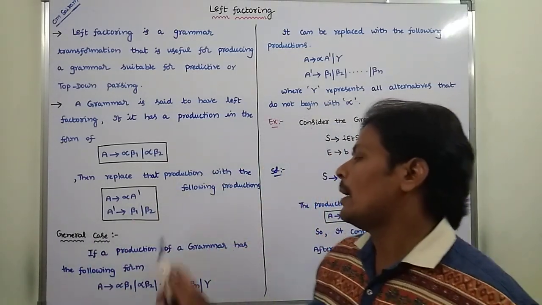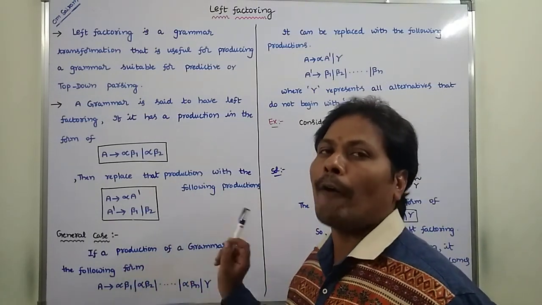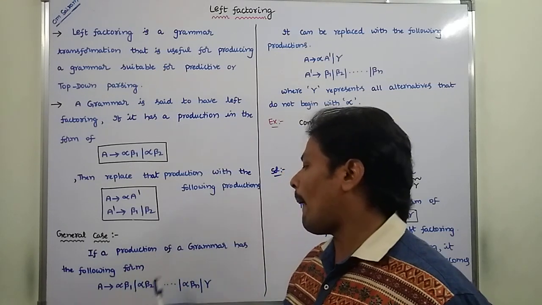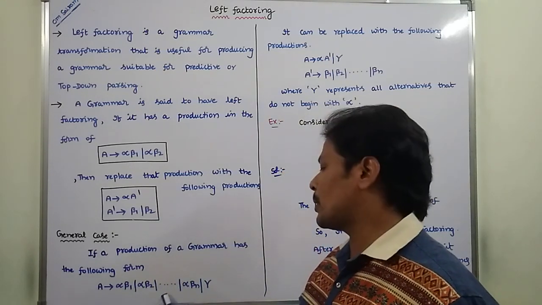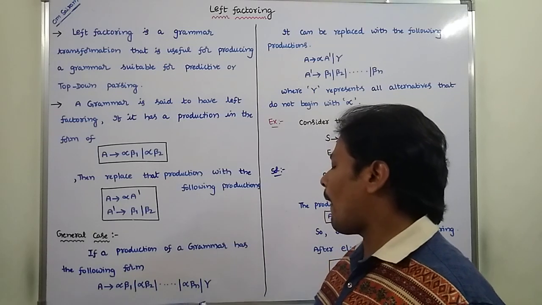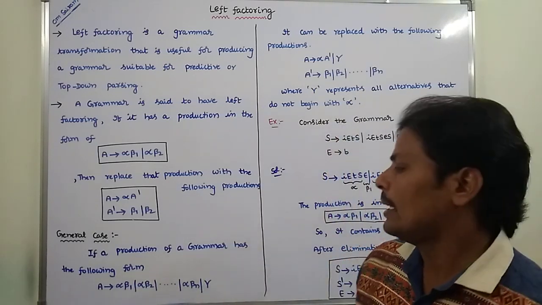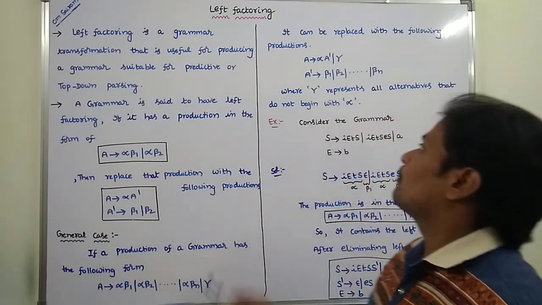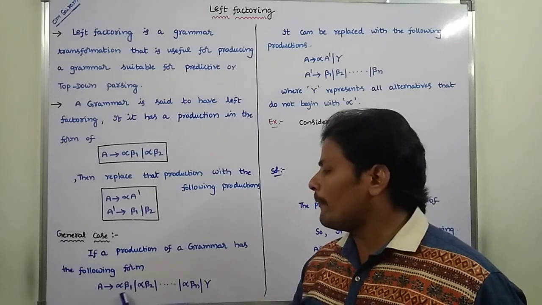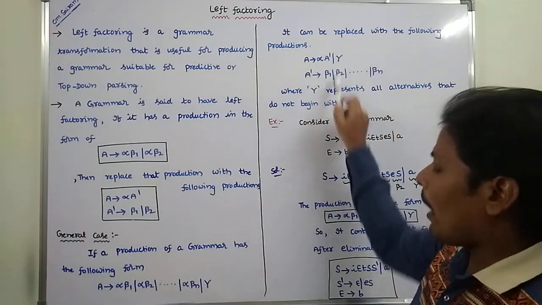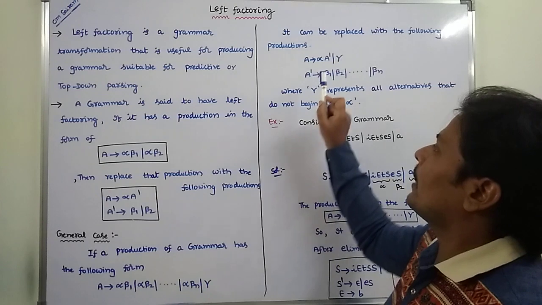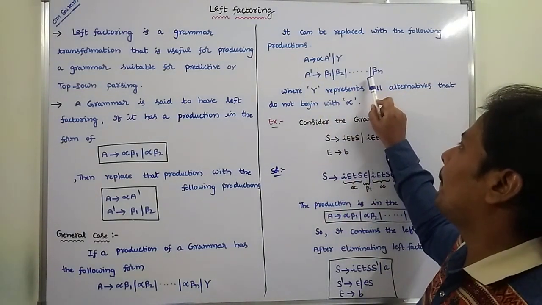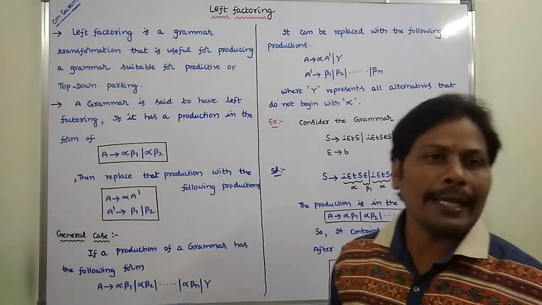The general formula is: if a production is in the form of A tends to alpha beta 1 or alpha beta 2 up to alpha beta n or gamma, then this production can be replaced with A tends to alpha A dash or gamma, and A dash tends to beta 1 or beta 2 or beta 3 up to beta n.